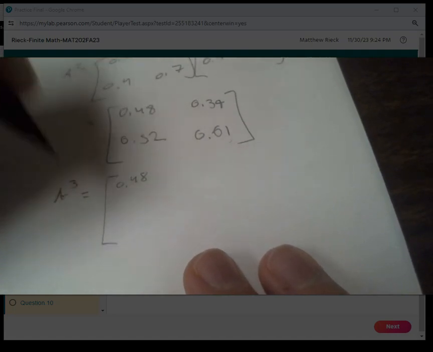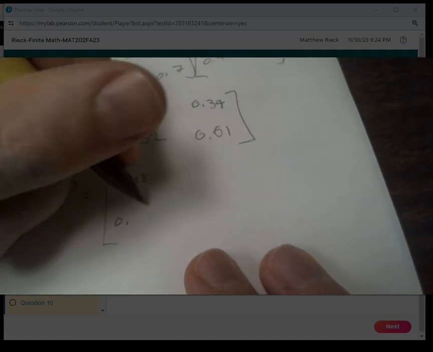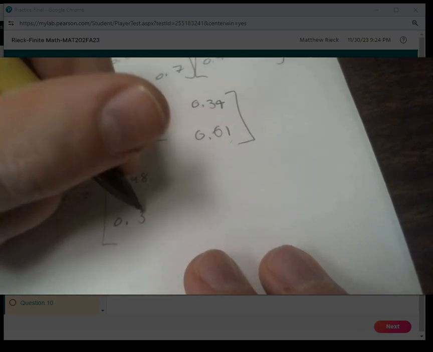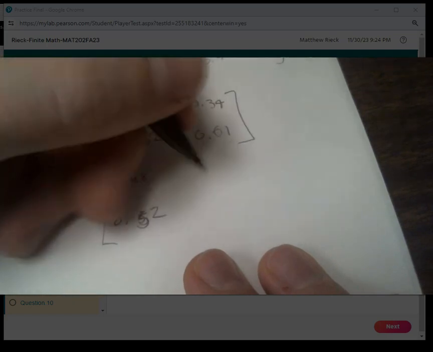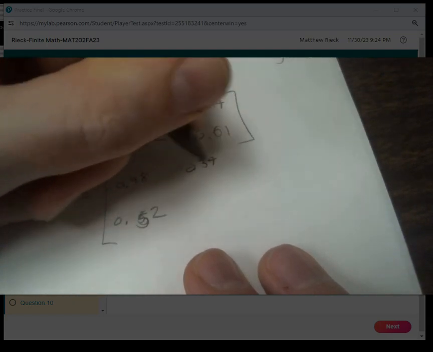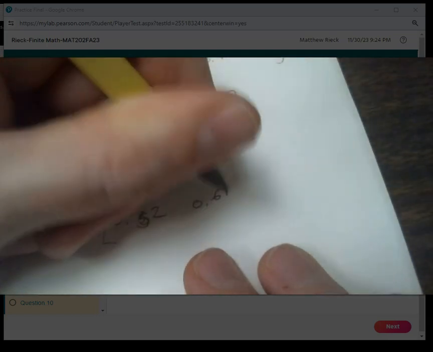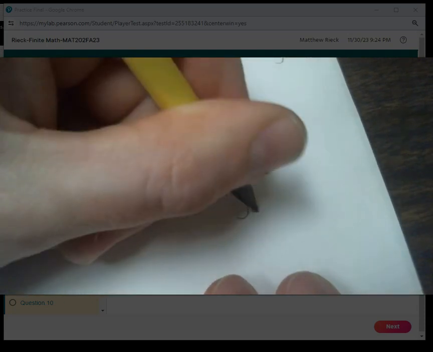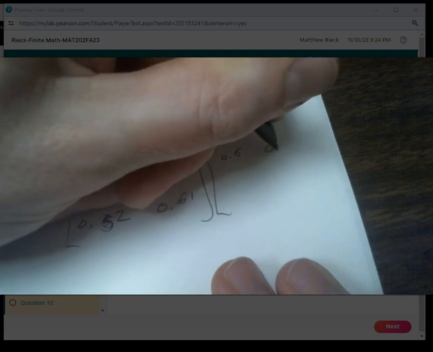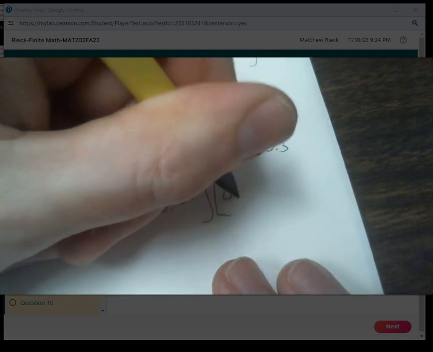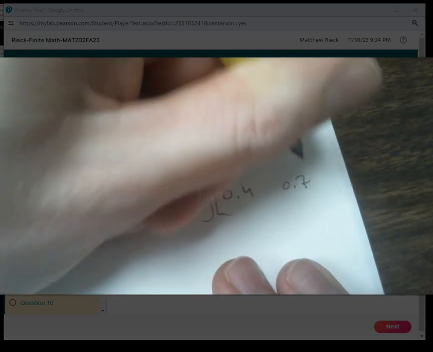So we have A squared, which is 0.48, 0.39, 0.52, 0.61, times A, which is 0.6, 0.3, 0.4, 0.7.